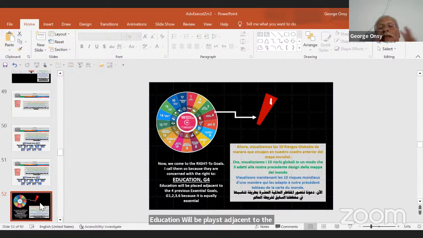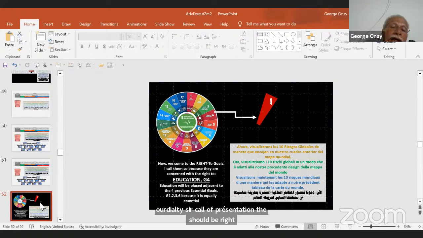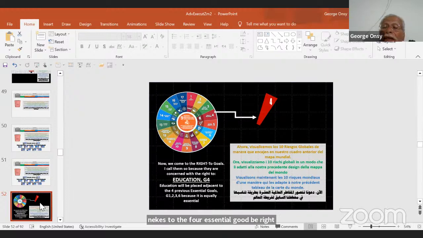I mean, when we set them in place on our reality circle or presentation, number 4, education, should be right next to the 4 essential goals that we have already mentioned, because it is like eating and drinking, like shelter. Education is very important.